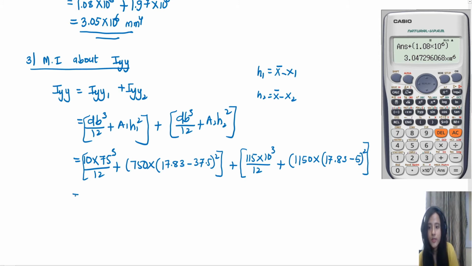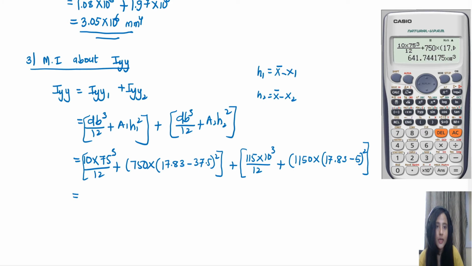So let us solve this. I'll do it directly here. 10 into 75 cubed by 12 plus 750 into 17.83 minus 37.5 square. So I'm getting this much.